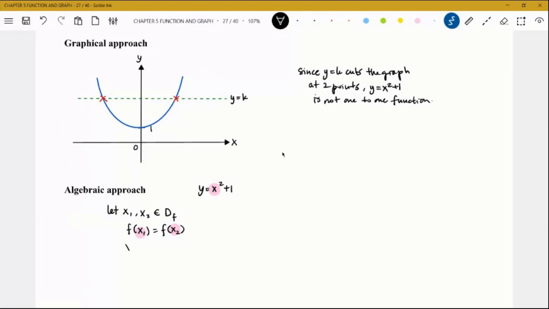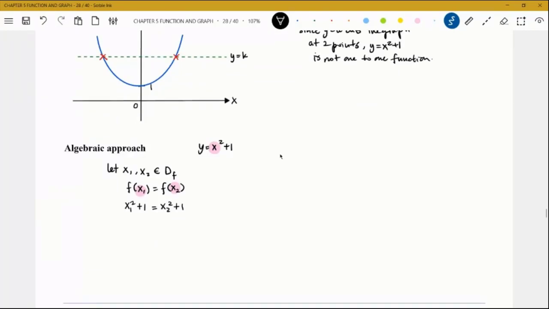So we're going to have x1 squared plus 1, and then on the right hand side we have x2 squared plus 1. We cancel out the 1 on the left hand side and right hand side, and we end up with x1 squared equal to x2 squared. To make x1 a single subject, we square root both sides.